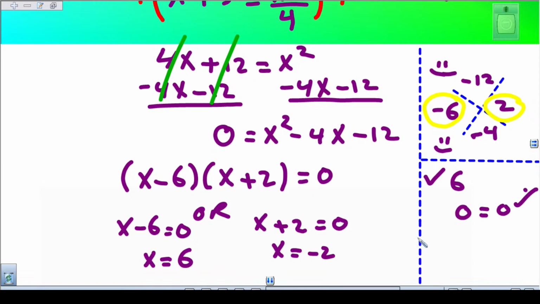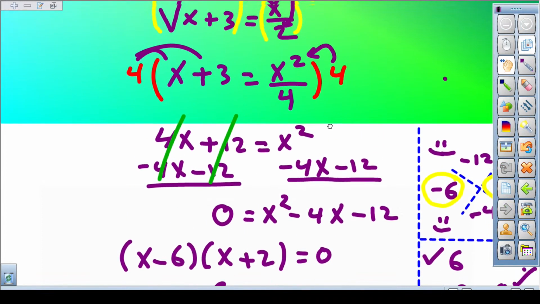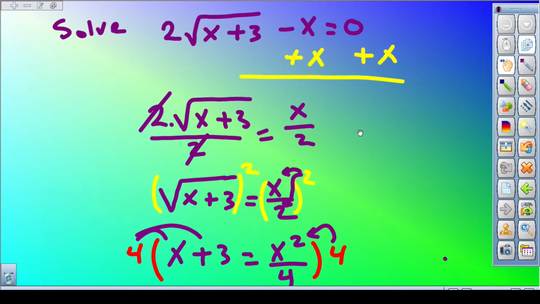What about -2? I'll check -2. Let me go back here and check -2. Let me do this mentally. Obviously, you need to write it down. I'm just doing it mentally here. So -2 plus 3, well, that's a 1. Square root of 1 is 1 times 2. That's 2.